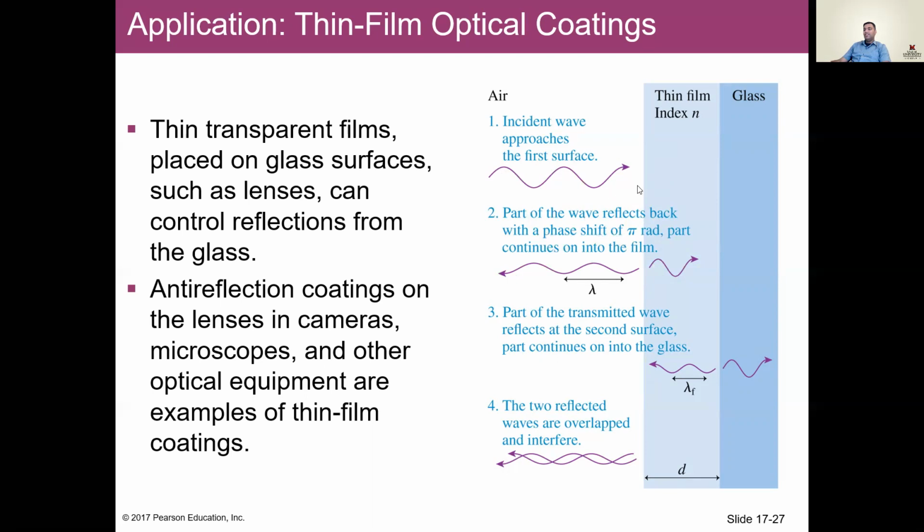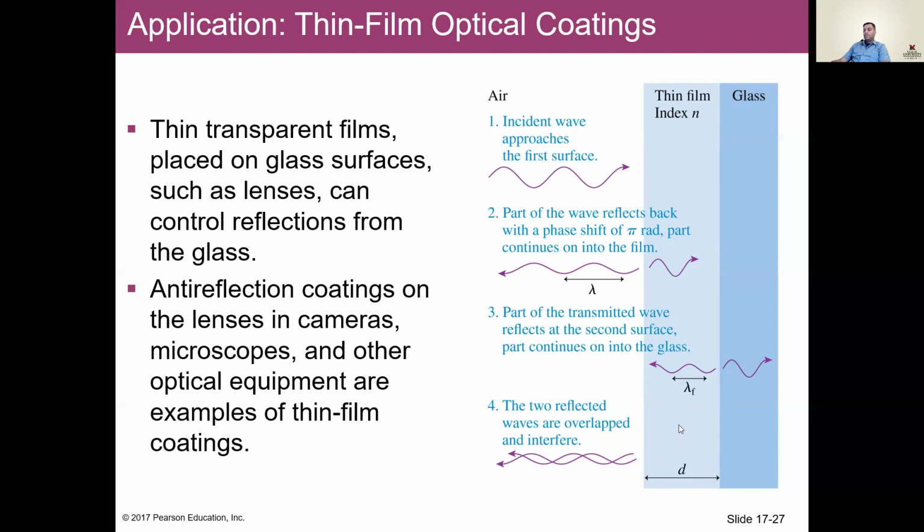How much phase shift you will have depends on the density, okay? Anyway, we are going to look at the refractive index and the density later on. The part that continues has a slightly different lambda, right? It will go on and then have another reflection from the next interface. So you have now one reflection, two reflections, and these two reflections are overlapping.